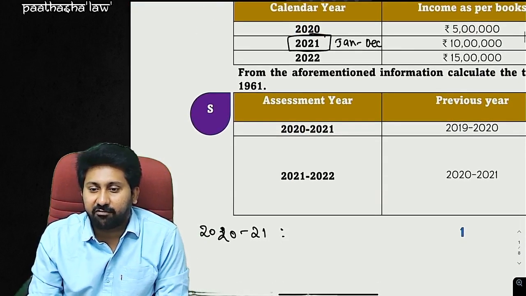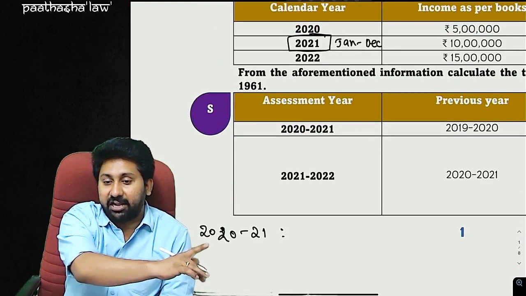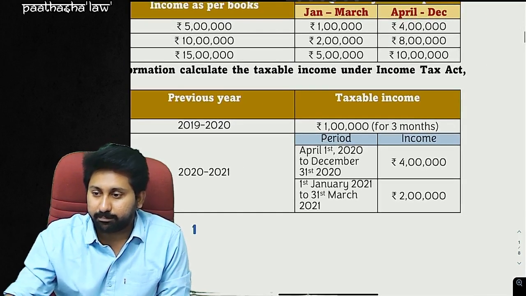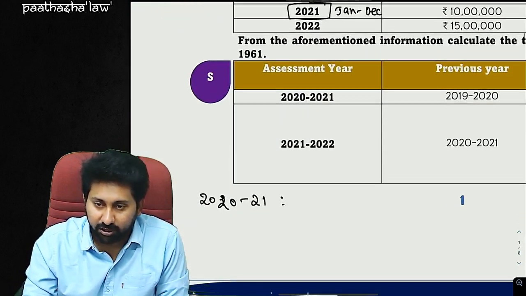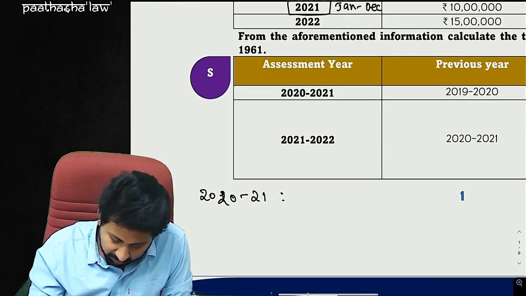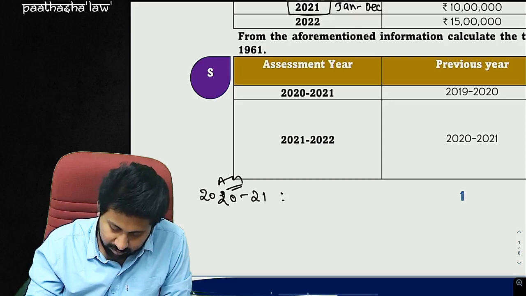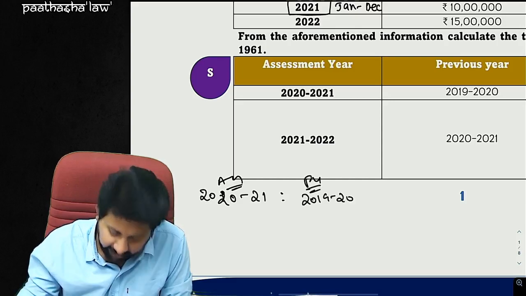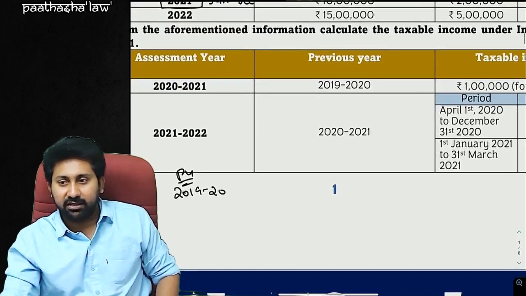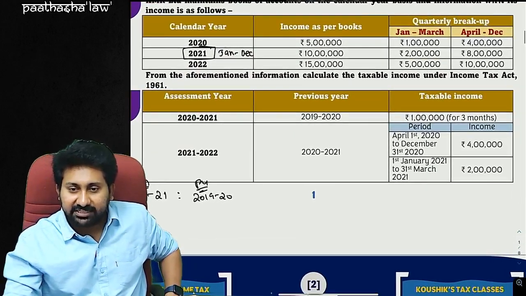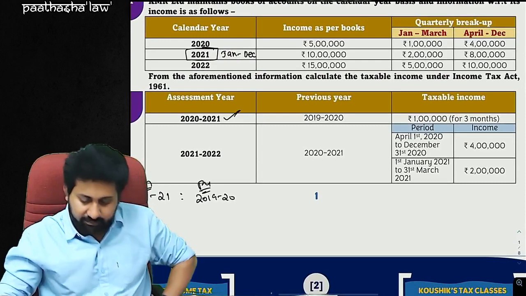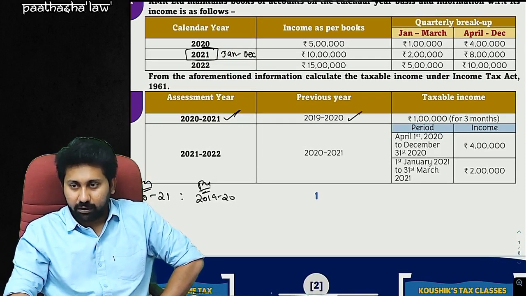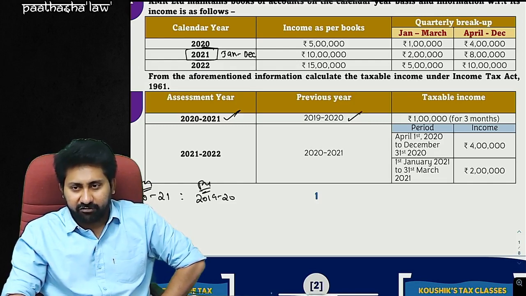Which financial year do we want? The 2021 financial year we want first. See the screen. If the assessment year is 2021, the previous year will become 1920.